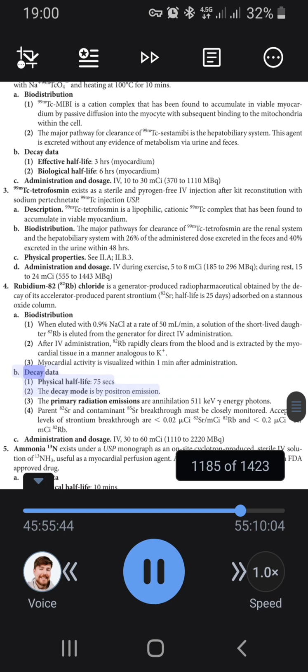B. Decay data. 1. Physical half-life: 75 seconds. 2. The decay mode is by positron emission. 3. The primary radiation emissions are annihilation 511 keV gamma energy photons. 4. Parent strontium-82 and contaminant strontium-85 breakthrough must be closely monitored.